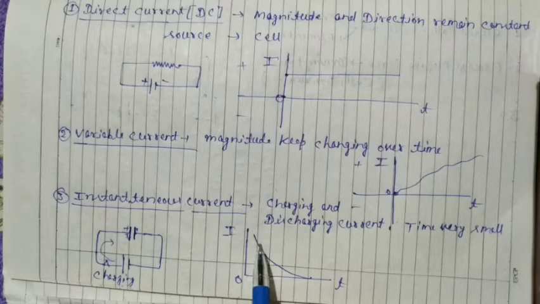As the time passes, the current becomes less, and it almost reaches zero. So, time is very small. Then we will call it instantaneous.